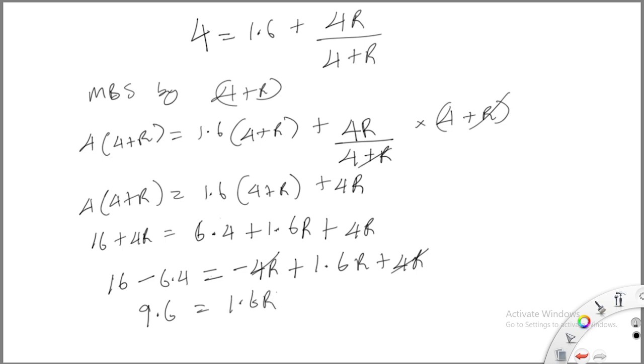Divide both sides by 1.6, we would have R is equal to 9.6 over 1.6, which our final answer will now be equal to 6 ohms. So that will be the final answer for our resistor value.